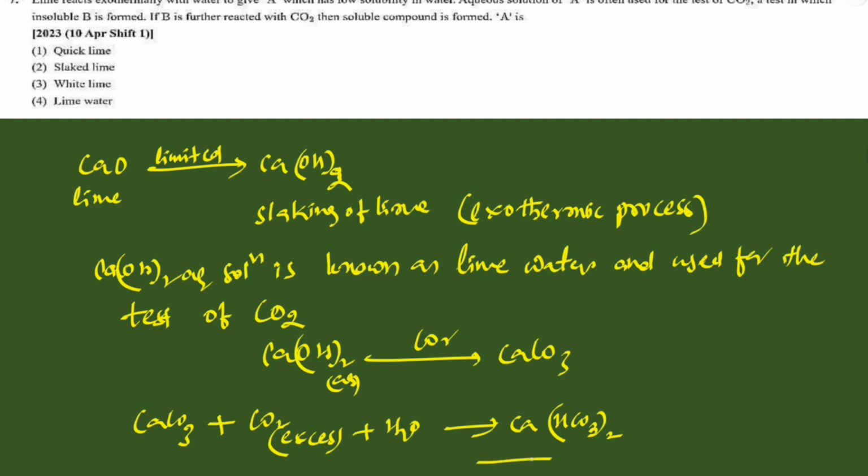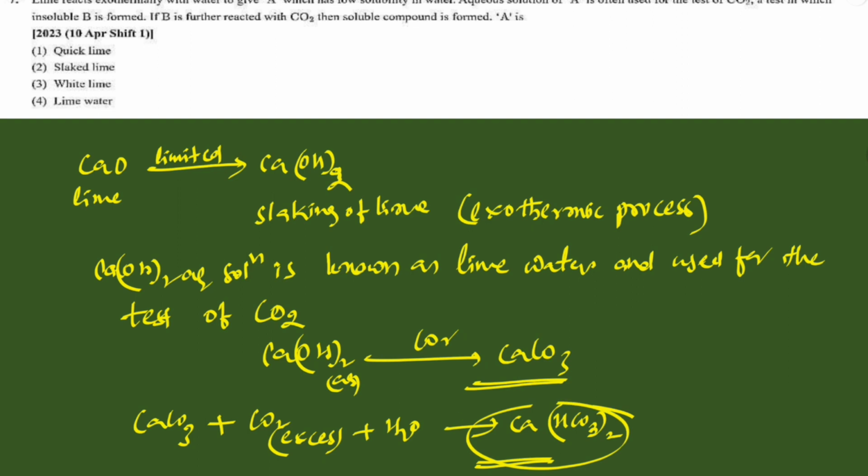The milkiness is due to the formation of calcium carbonate, and the disappearance of the milkiness is due to the formation of calcium bicarbonate.